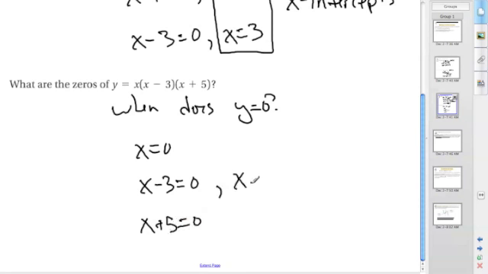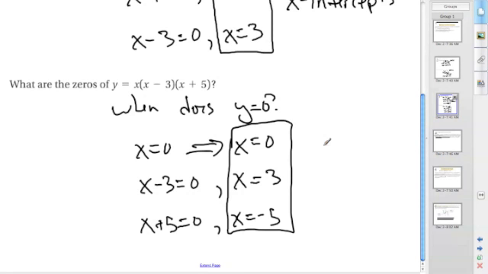So x will equal 3, x will equal negative 5. And you have to remember that x equals 0 term. So here are your zeros, or your x-intercepts. They mean the same thing.